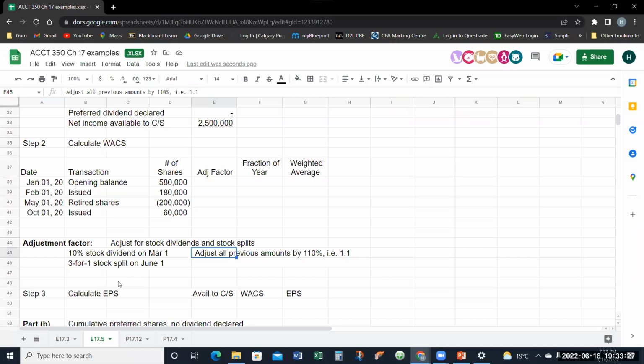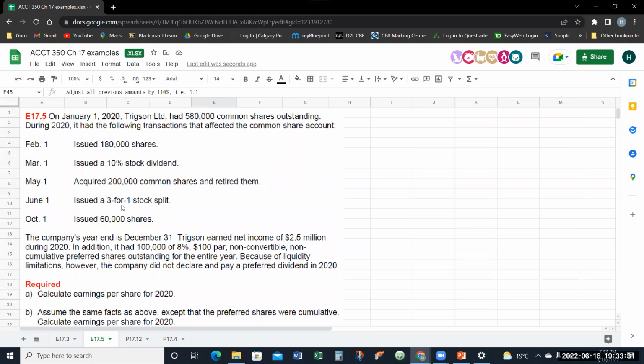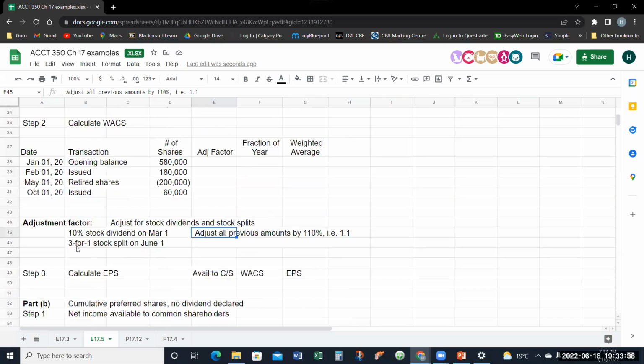I had another. On June 1st, a 3-for-1 stock split took place. Now, how do I deal with that? Again, 3-for-1 means for every one share that you had before, you'll now have 3 shares outstanding. So the adjustment factor there is 3. And that gets applied to every date that is before the 1st of June.